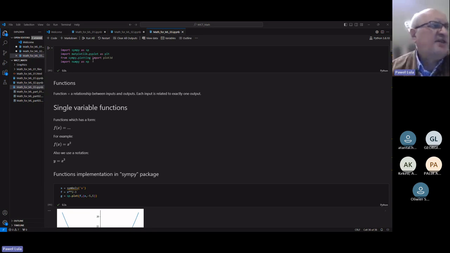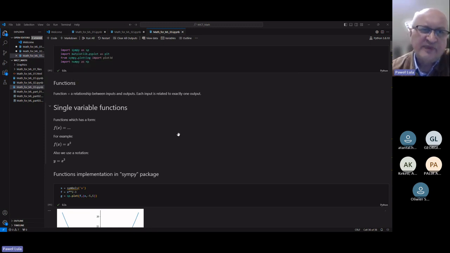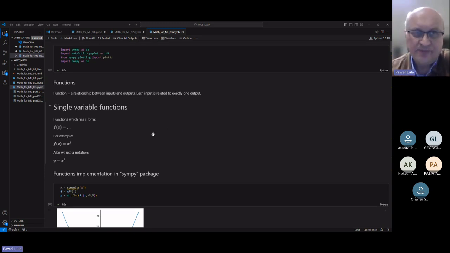And also, for me today, a very important tool is the SymPy library. It is a library which we use for symbolic calculations, when we are going to perform some operations on symbols which we have in different formulas. We will see how to use these tools, because I'm going to show you some examples.